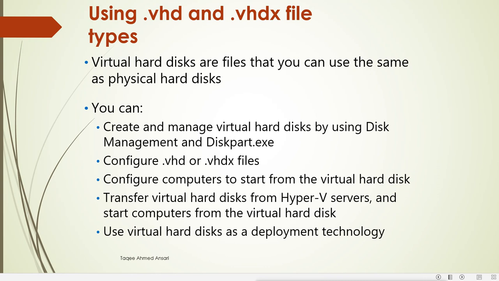In Hyper-V we can create virtual machines, and for those virtual machines we can create virtual disk. Now virtual disk is just a file, and also that virtual disk we can use as a real disk in our physical machine also. So just like the real hard disk, we can use these virtual disks also.